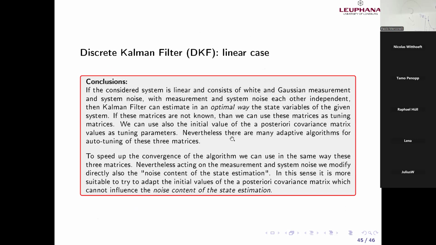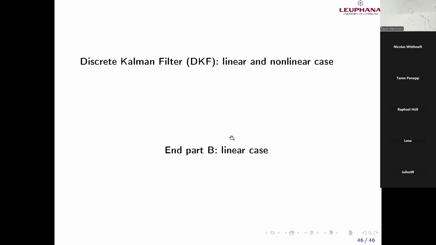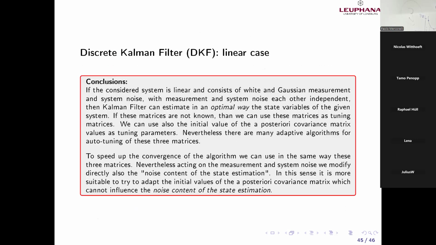Do you remember last time I told you, but I already repeated here, the meaning of matrices Q and R. We will see now in depth with the simulations. Do you remember I told you the Q and R are matrices which we cannot know perfectly.